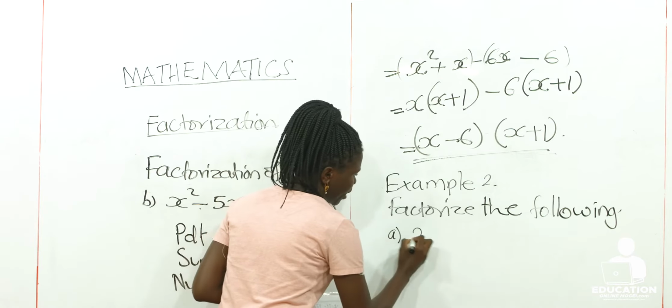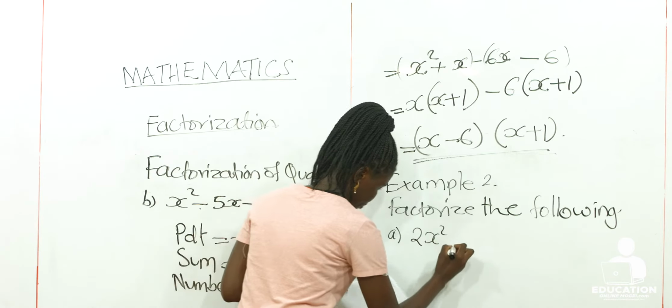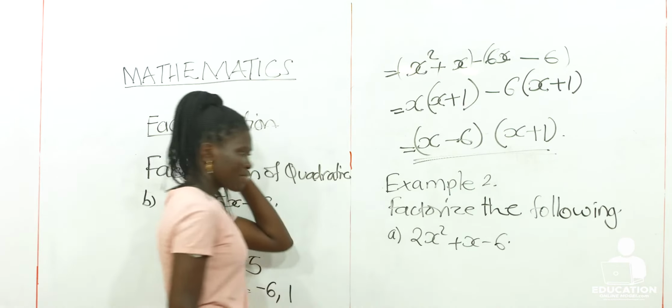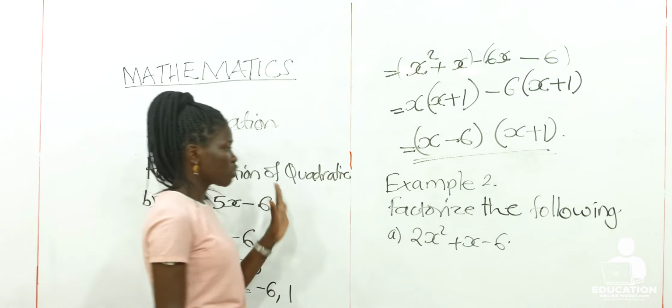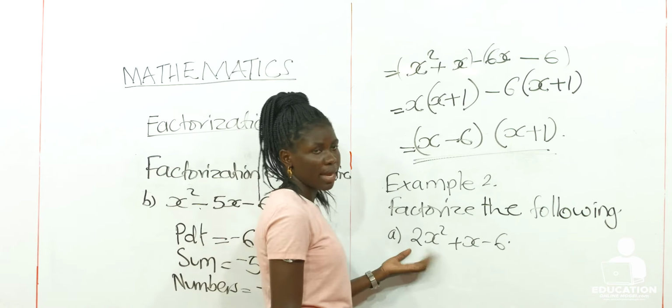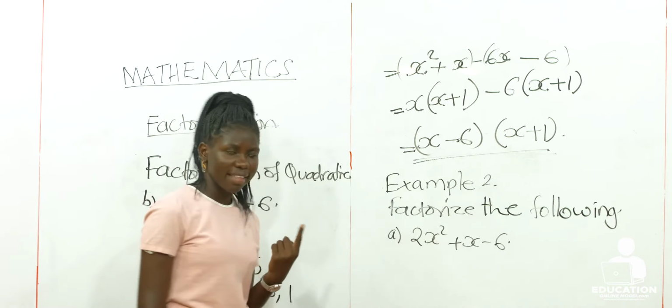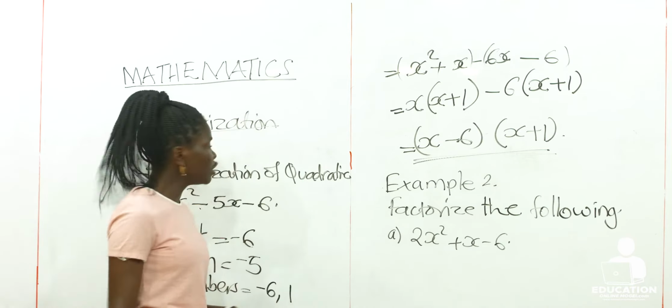In this example, we have 2x squared plus x minus 6. In the first examples, the value of a was 1. In this case, the value of a is 2, which is greater than 1. Let's see how we're going to do it.